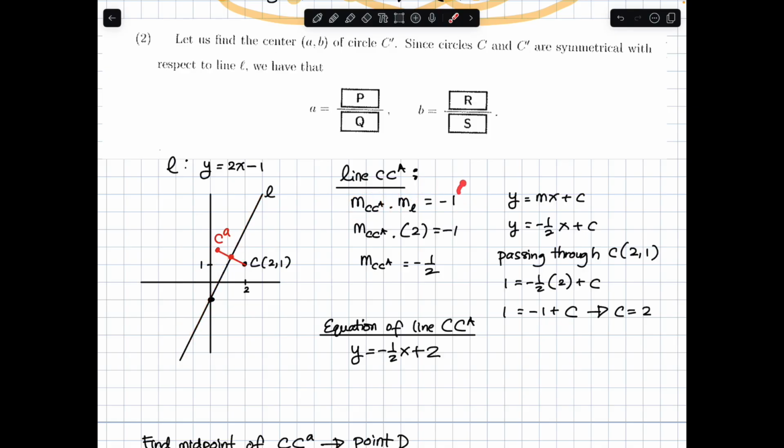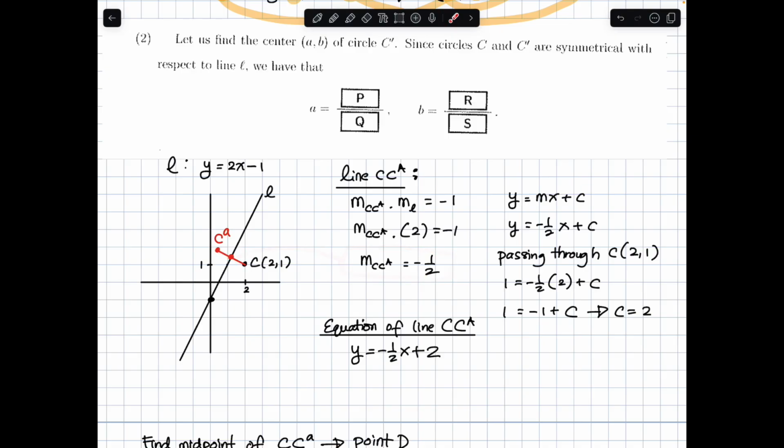This is the requirement for perpendicularity between two lines. Since we already know the gradient of L is 2, I just put it in here, so I get minus 1 divided by 2, which is minus half. I already get the gradient of this line.